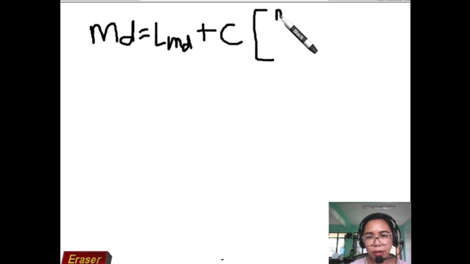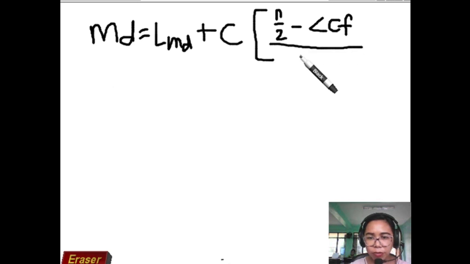We have here n over 2 minus the less than cumulative frequency, one step lower of the median class, and the frequency.